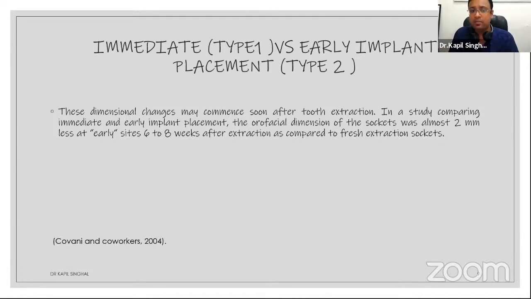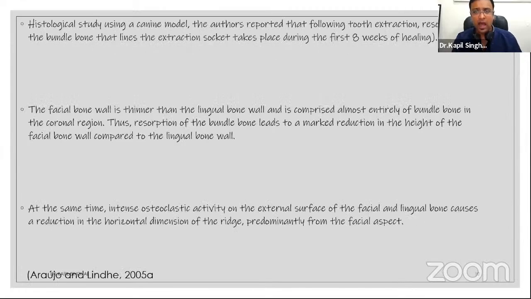It has been seen by Cooney and co-workers in 2004, they published a research paper and found that if you're placing an implant immediately, then the amount of bone width that you get is more as compared to early placement that you do after 6 to 8 weeks. There was a difference of about 2 mm. So it is always good that if you can go for an immediate placement, it is far better as compared to an early placement.